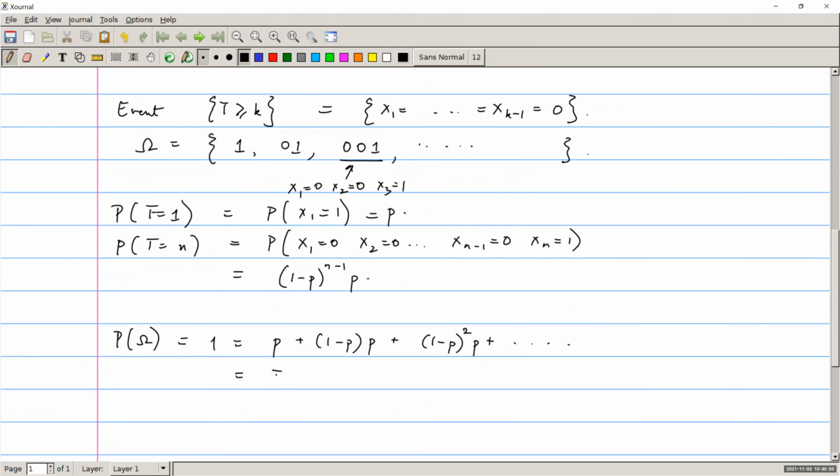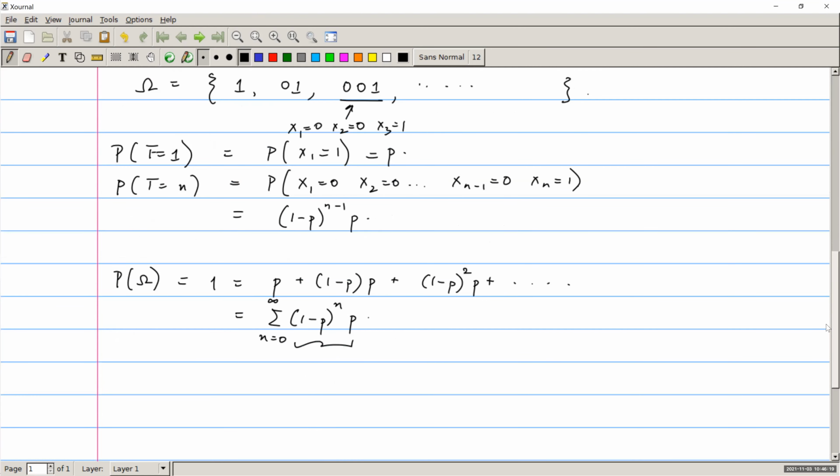So this is the geometric sum (1 minus p) to the n times p, where n goes from 0 to infinity. How do you do this sum? Right, so this sum is indeed 1, it has to be. The probability of the universe has to be 1, and this sum will be indeed 1.